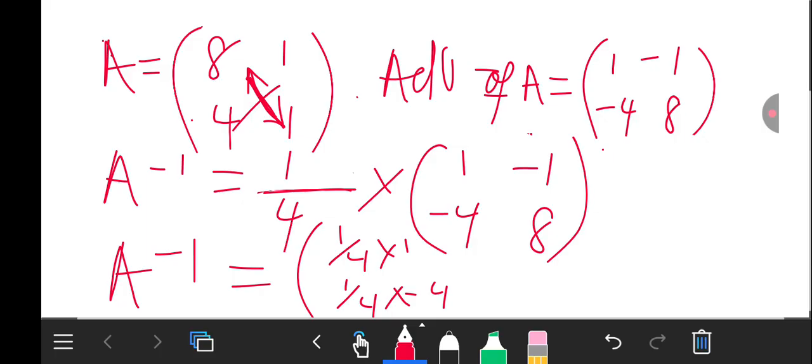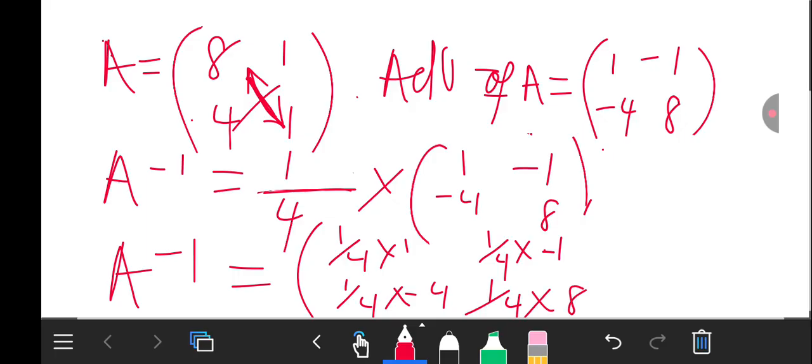Then you come this side: 1 over 4 multiplied by negative 4 and 1 over 4 multiplied by 8.